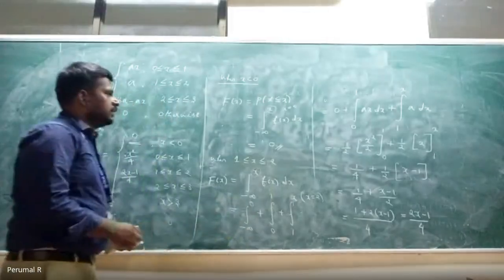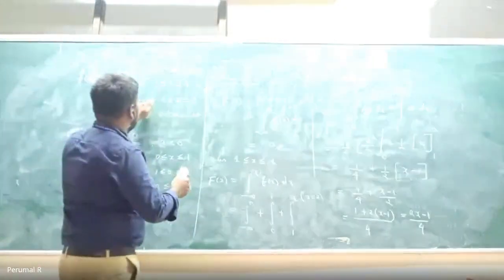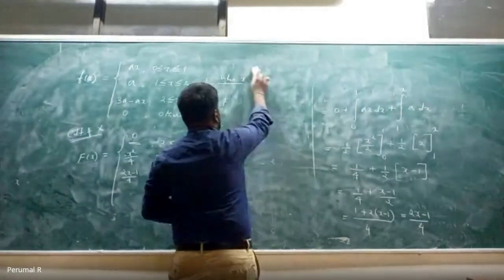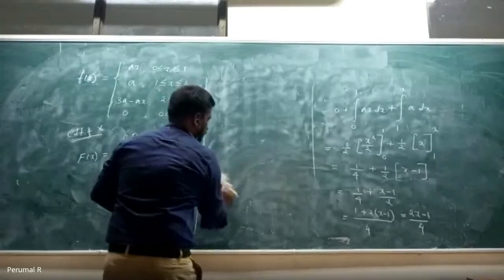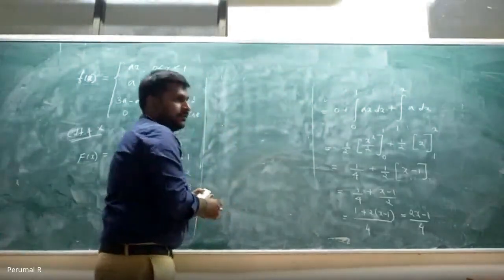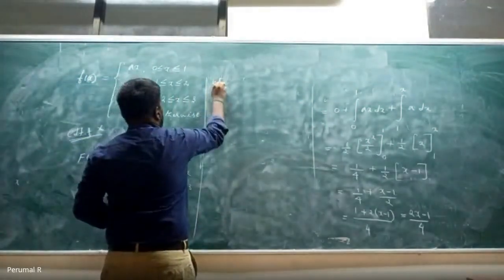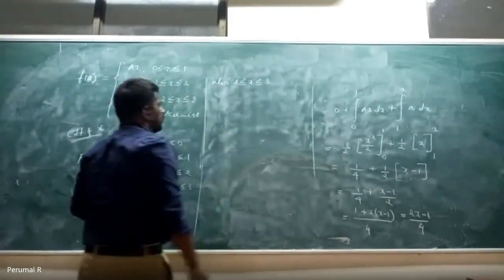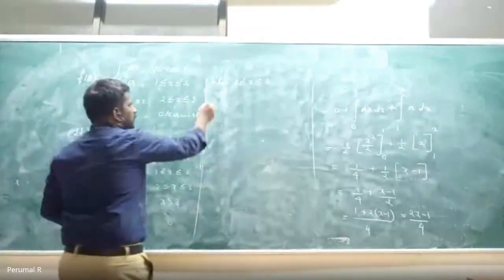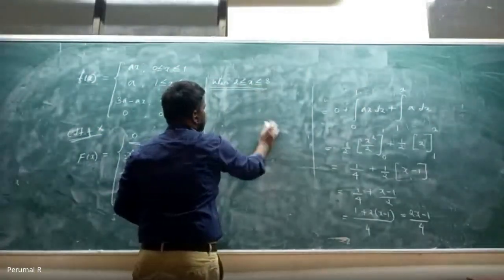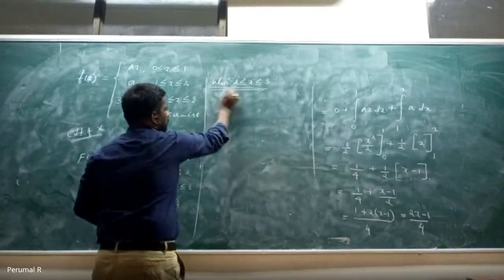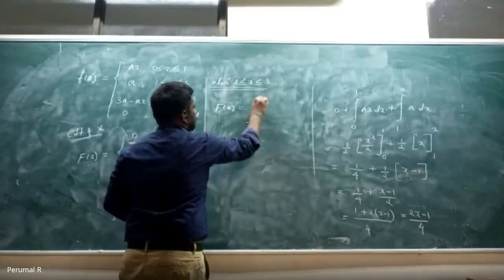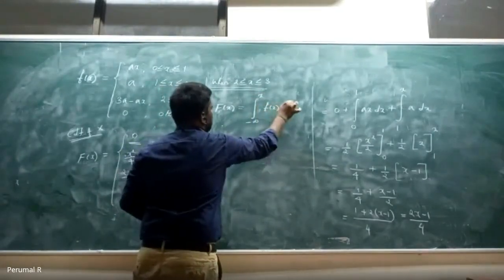Okay. So clear? Similarly, the next case, when 2 less than or equal to x less than or equal to 3. Therefore, here your formula becomes f of x equal to the integral from minus infinity to x of f of t dt.